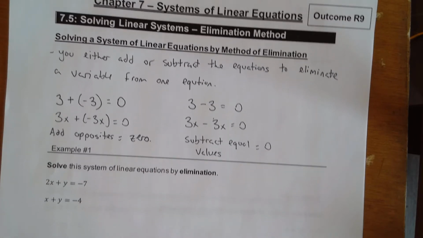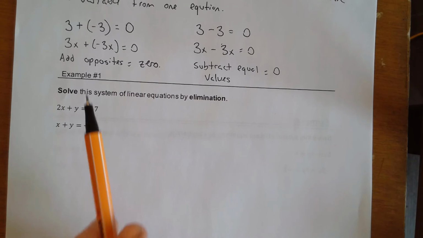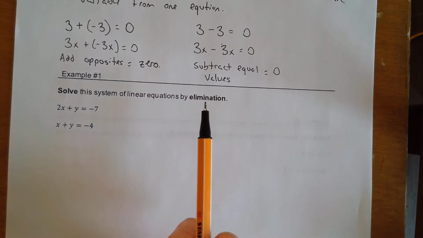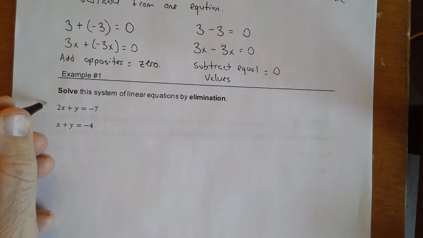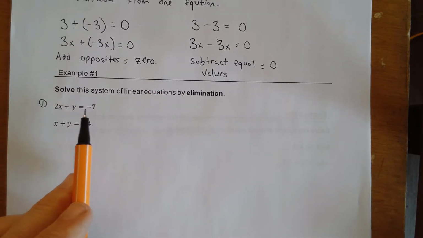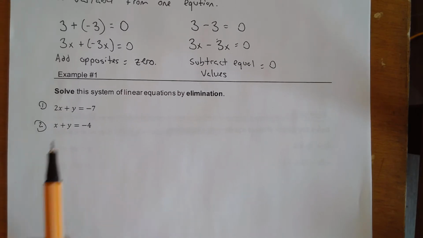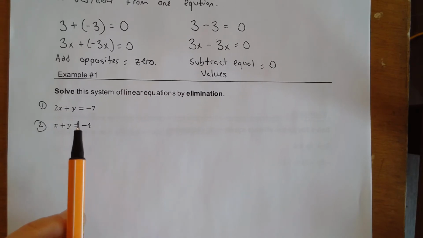Let's take a look at this first example. Solve the system of linear equations by elimination. The first equation is 2x plus 1y equals -7, and the second equation is x plus y equals -4.